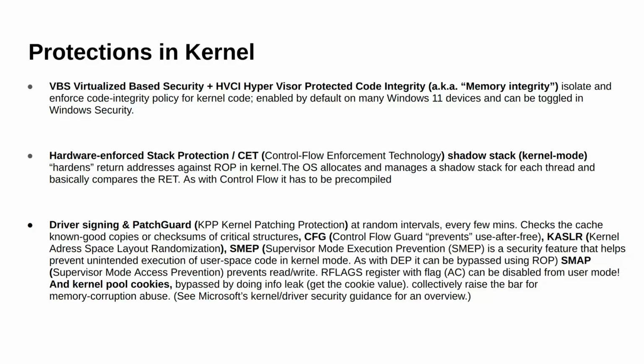Enough of that. Let's talk about protections in kernel. First, the most scary one, which you can still bypass, is VBS, Virtualization-Based Security. It's coming from the hypervisor. It's Hypervisor-protected Code Integrity, known as memory integrity.